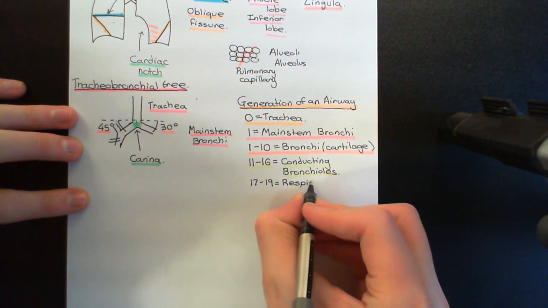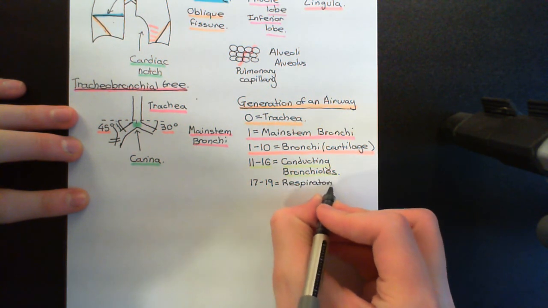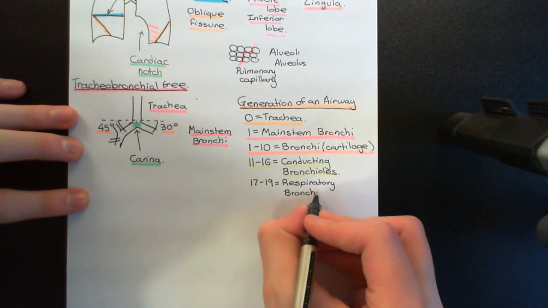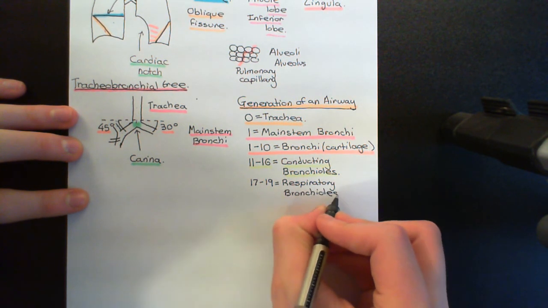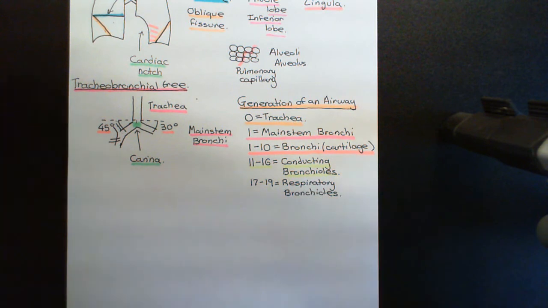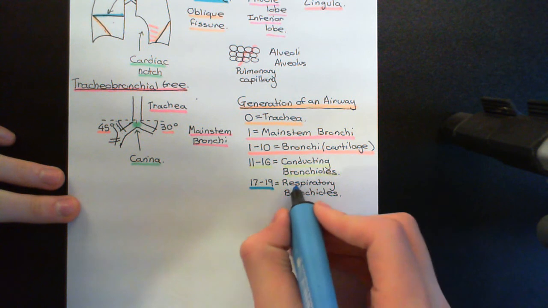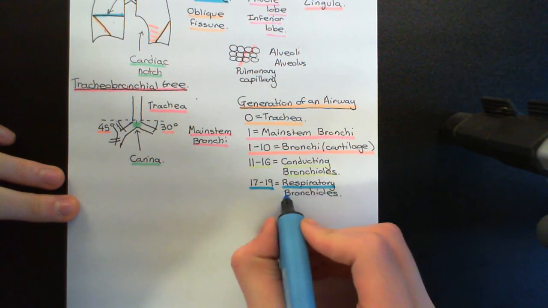They are still known as bronchioles, but they now have alveoli coming off them, and that's why they're called respiratory bronchioles, because their purpose is no longer merely to conduct air through them. They have alveoli coming off them, and therefore they actually have a role in the transport of gases, gas exchange, hence why they're now called respiratory bronchioles rather than just mere conducting bronchioles.